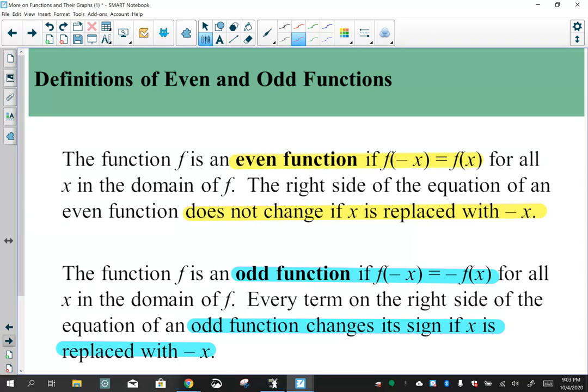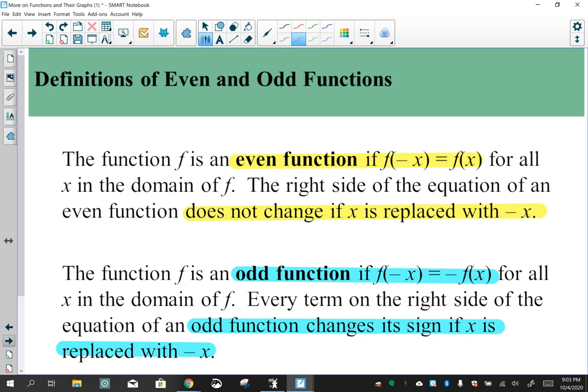Algebraically, an even function is when you take a function and everywhere you see an x, you put in a negative x, and then you get your original function back. So if you can ever plug in a negative x everywhere you see an x and get that actual function back, you have an even function. So basically nothing really changes.